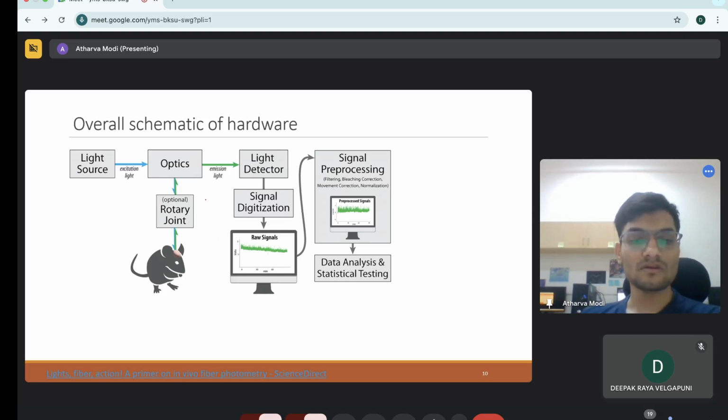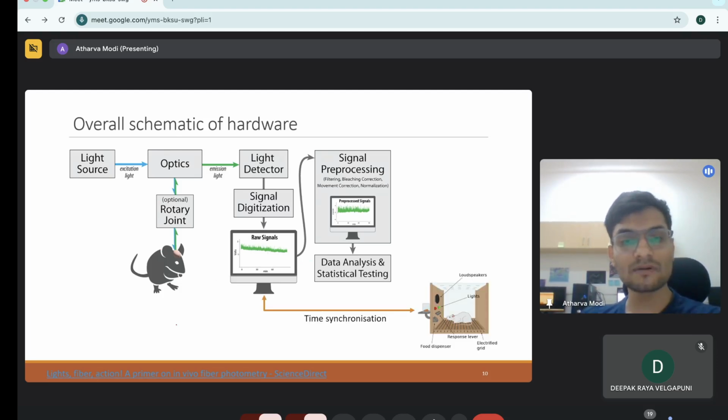What you can do is have this rat in a behavioral box. You can do any kind of test on it, and you can integrate this behavioral electronics with the photometry electronics and do the time synchronization here. For those who are not familiar with this, the detector, digitization and all the electronics here work on some clock, and that clock is independent of the clock measuring the behavioral events.